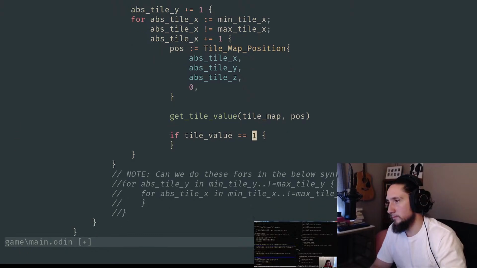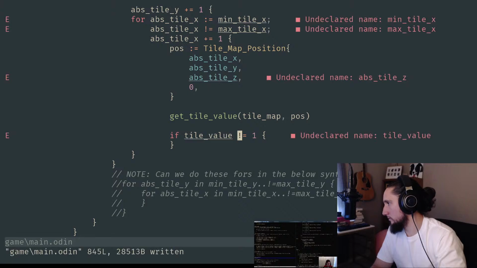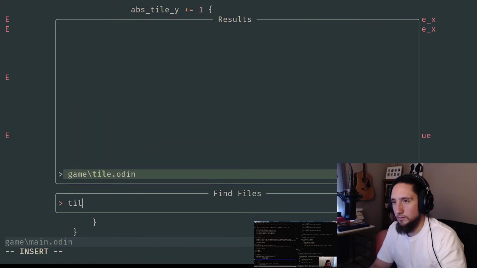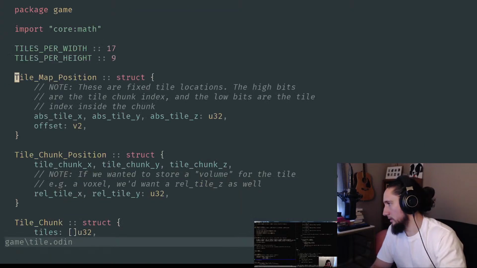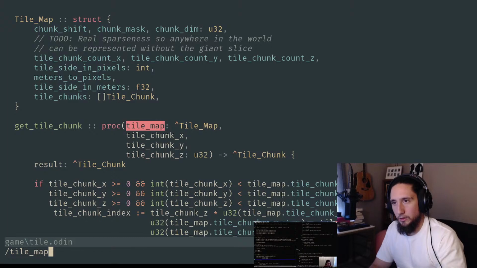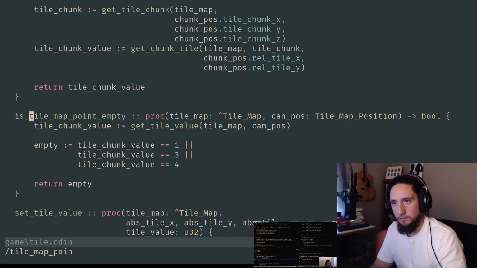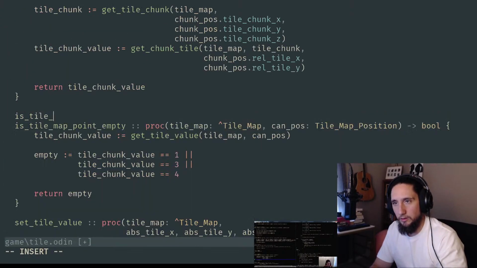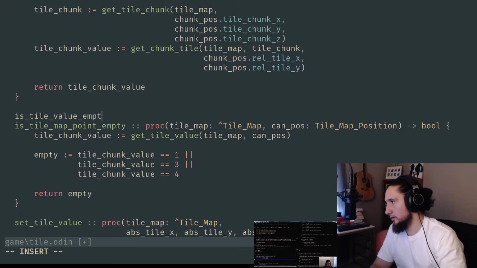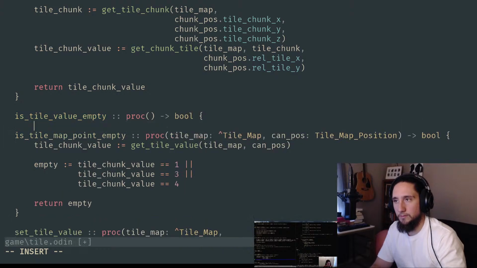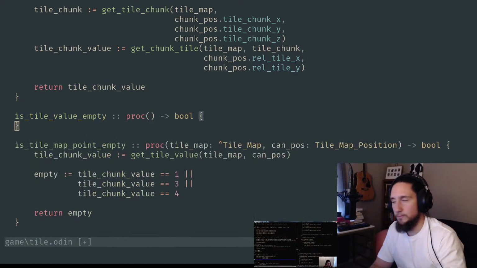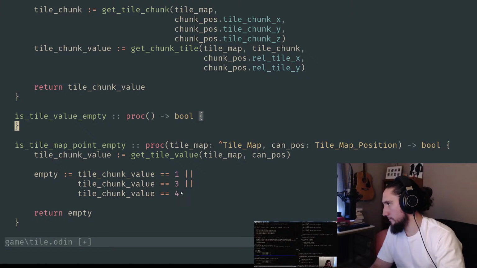And for now, I guess since I've got enough of it, I'll also do a thing that is tile value empty. So, something like this. Got to go into our tile file. Say is tile value empty. Does that make sense?